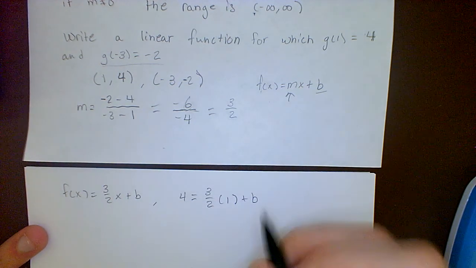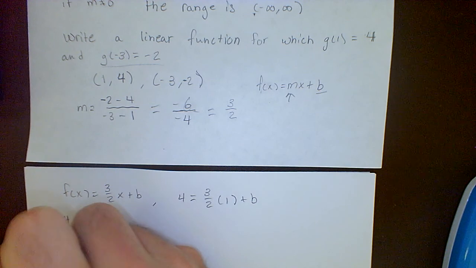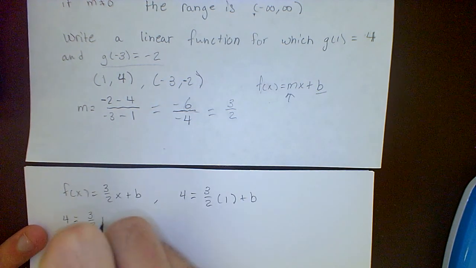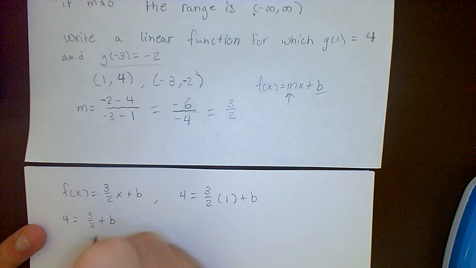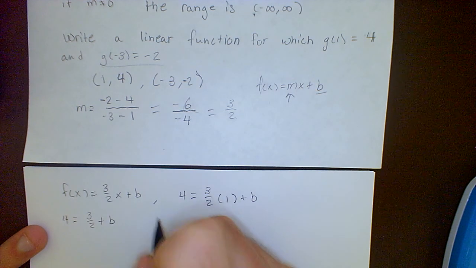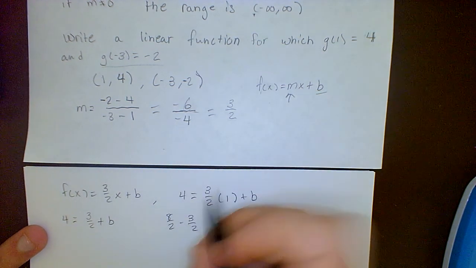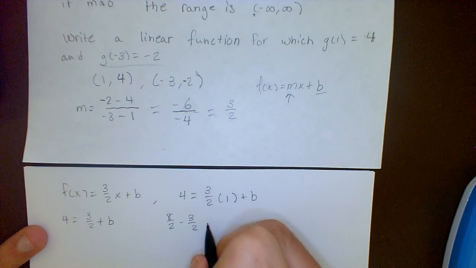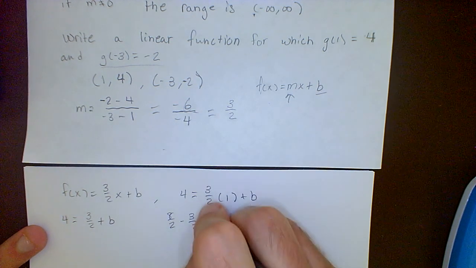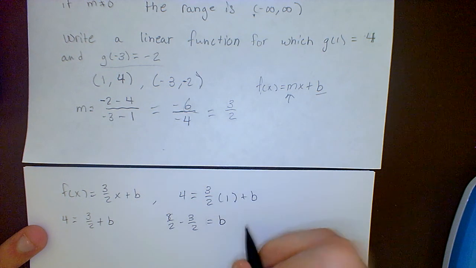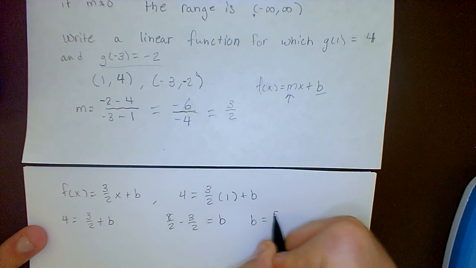So this is 4 equals 3 halves plus b. Then if I subtract 3 halves from both sides, you get 8 halves minus 3 halves, right? 4 is 8 halves, so this is b equals 5 halves.